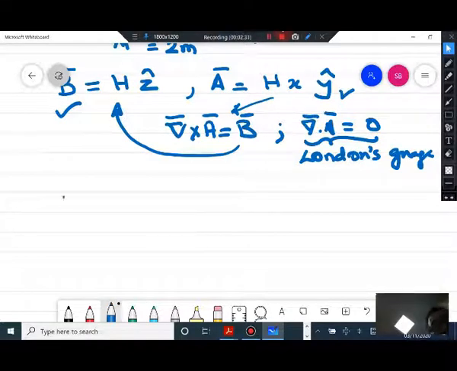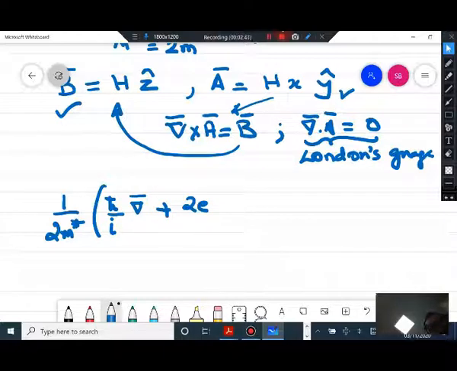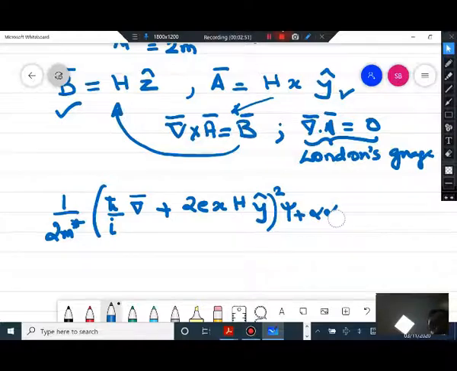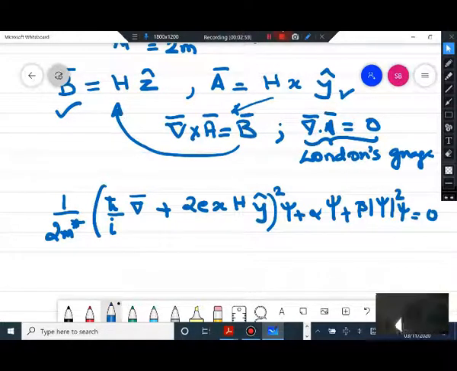Therefore 1 by 2m star will be h cross by i del plus 2eHx y cap, whole square psi, plus alpha psi plus beta mod psi square psi is equal to 0.